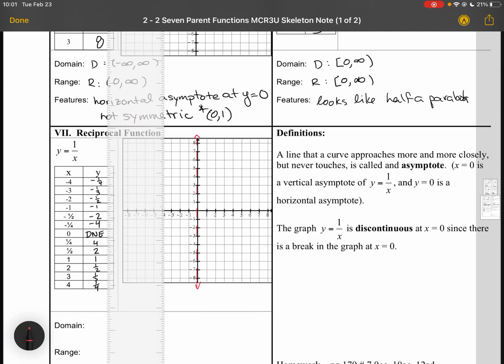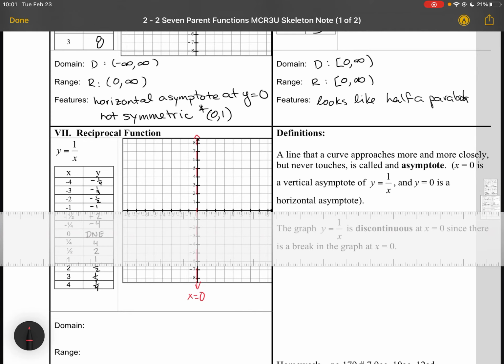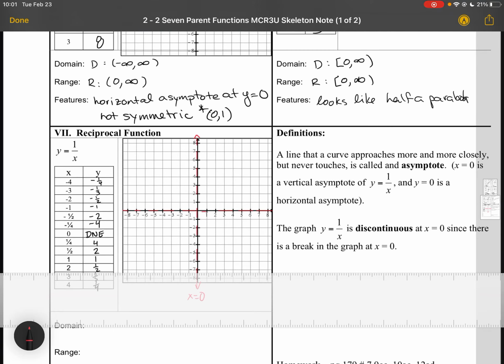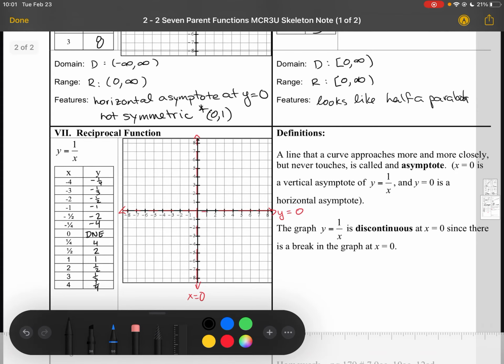So this one here is going to be x equals 0. And then kind of like in the exponential function, there's no value that we can put in for x that's going to make y equal 0. So that is our second asymptote. They are equations of lines.